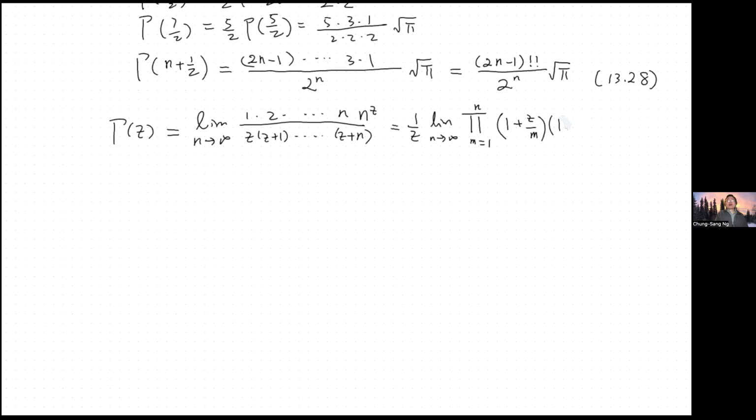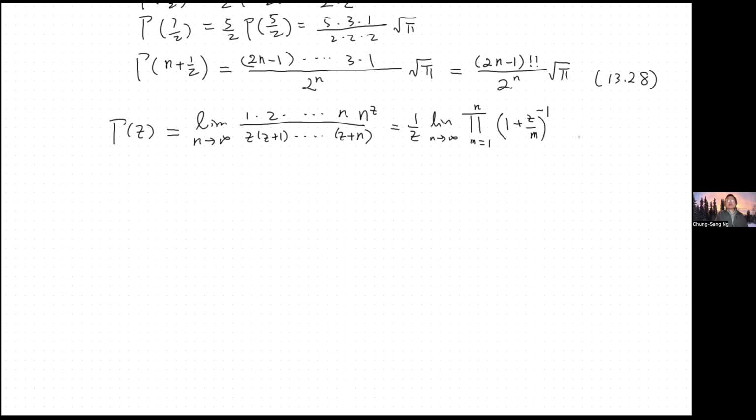So this includes all the factors. m equals 2 is 1 plus z over 2, m equals 3 is 1 plus z over 3. So this product includes all these divisions. Well, this is in the denominator, so we need to add the exponent minus 1.